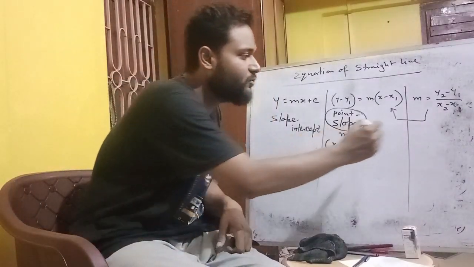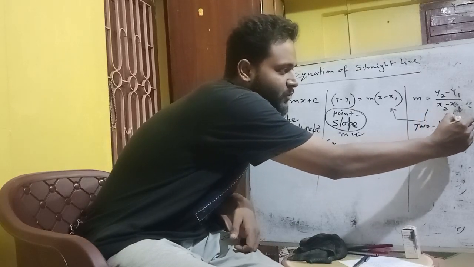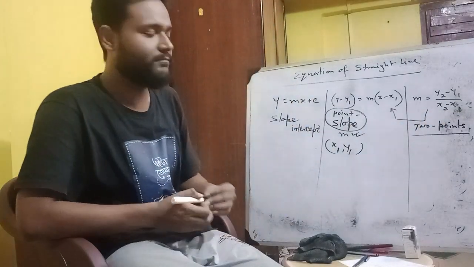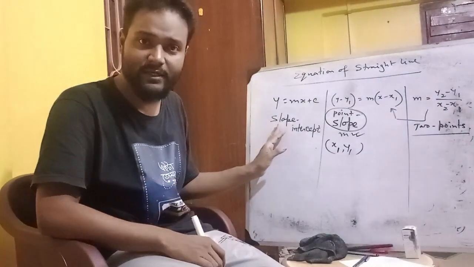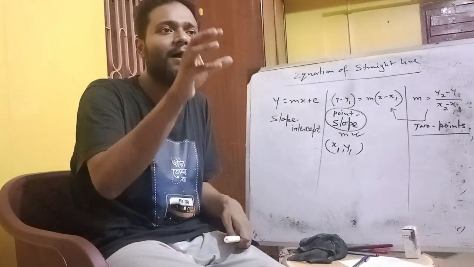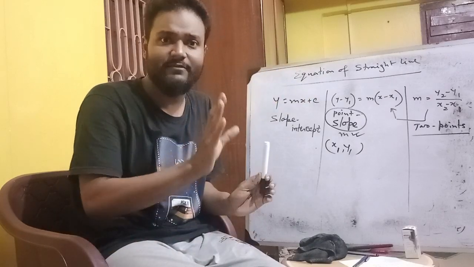So this is called the 2-point formula or 2 points form. One is slope intercept, in which slope and intercept will be given.